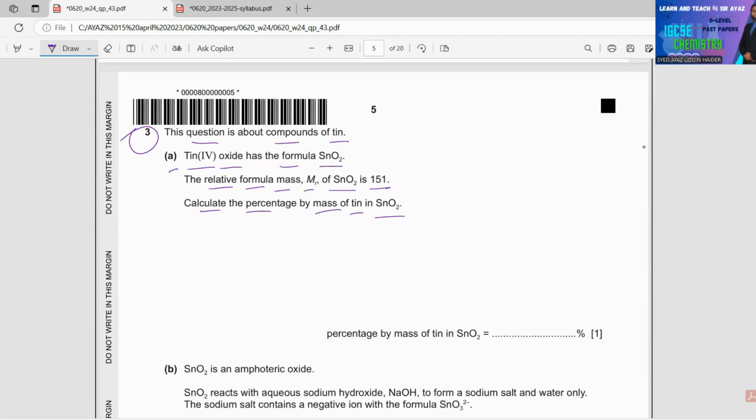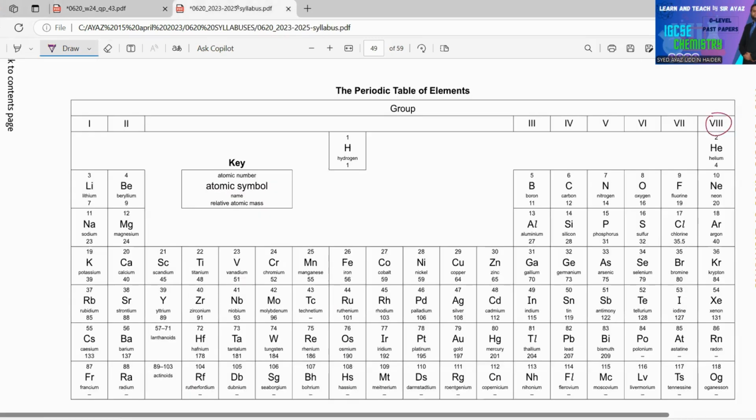So we need to know the Ar of tin because relative formula mass is already provided. I need Ar of tin. Here is tin in the periodic table. It's in group 4. And Ar is 119.